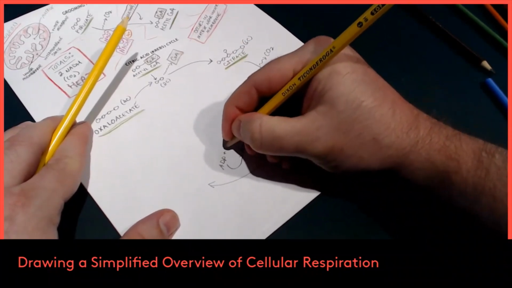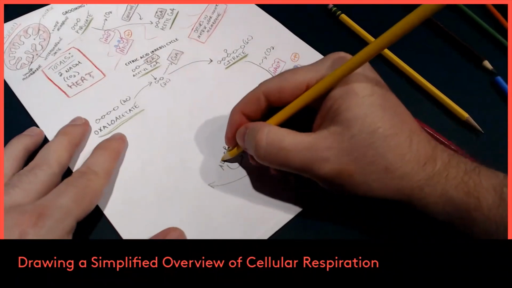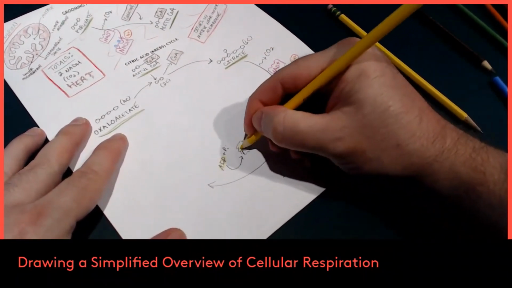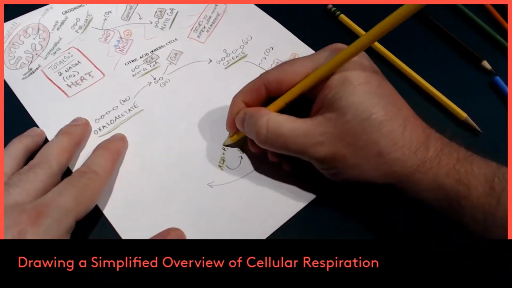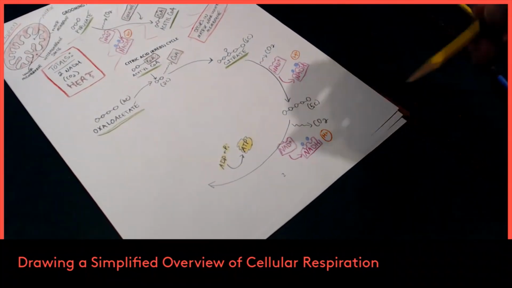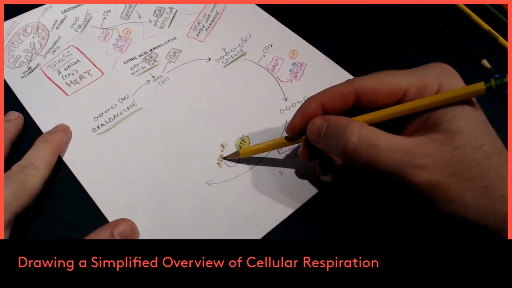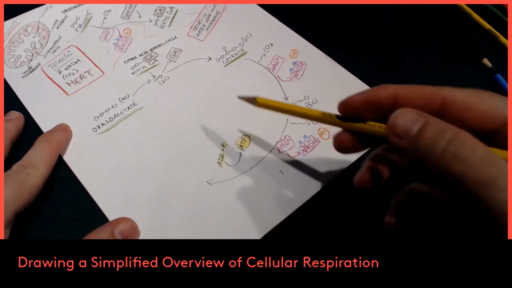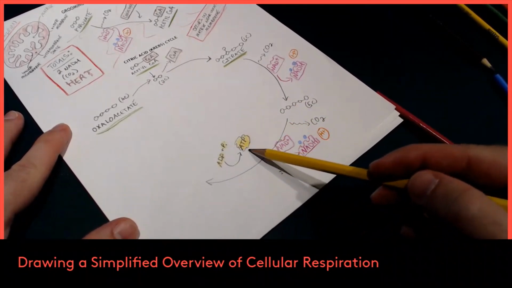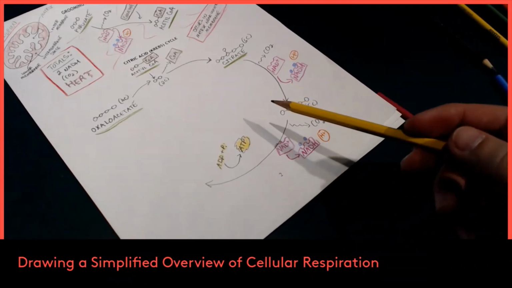ADP plus a little inorganic phosphate is going to create ATP. And if you care, when you get deeper into this stuff, you actually make guanosine triphosphate here, which gets converted to adenosine diphosphate. But ADP plus P is going to make ATP. And again, this is via substrate level phosphorylation. There's an enzyme that helped us do this.